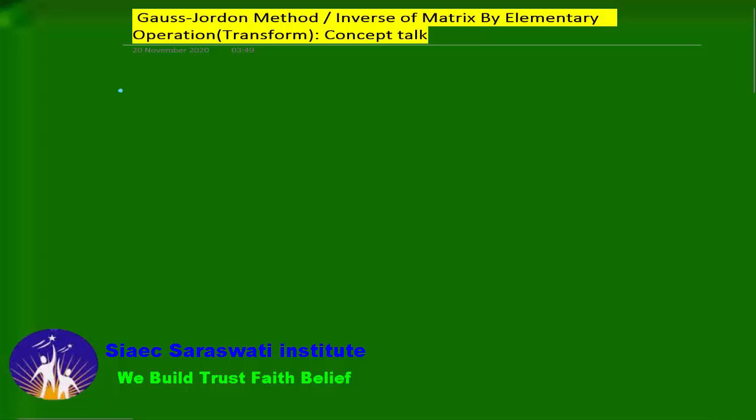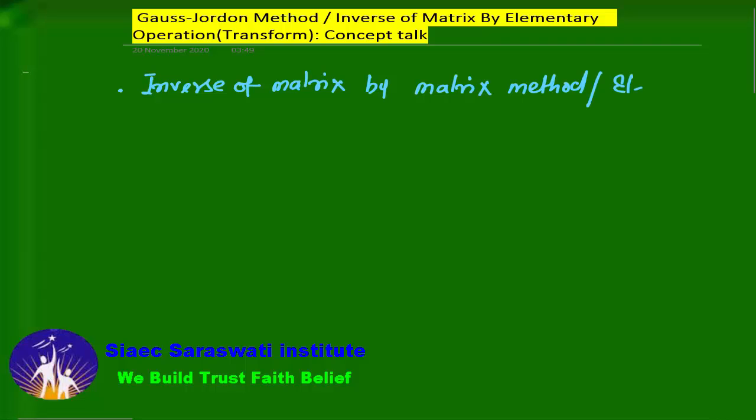So first of all, some people call it inverse of matrix, inverse of matrix by the elementary operation, by the matrix method, okay, oblique elementary operation.